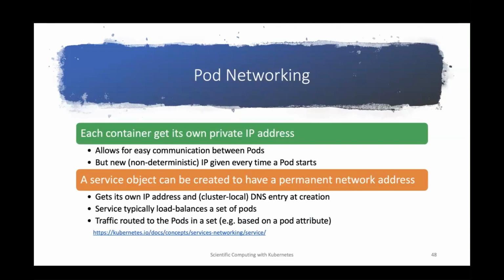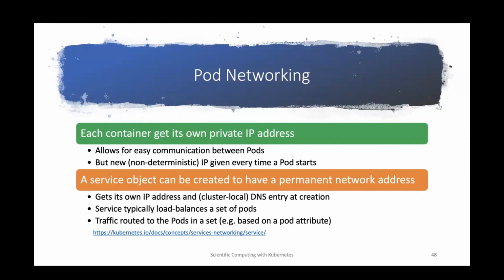Another thing that may be useful when you want to go a little more adventurous is networking. Unlike traditional batch systems, networking is a first-class concept in Kubernetes, and each pod, actually each container in each pod, gets its private IP address. So it makes it easy to talk between containers using the networking. The only problem is that the IP is typically non-deterministic, so you need to find a way to exchange what that IP actually is.